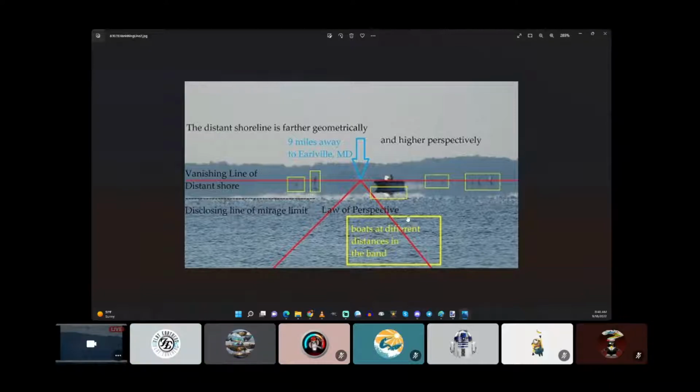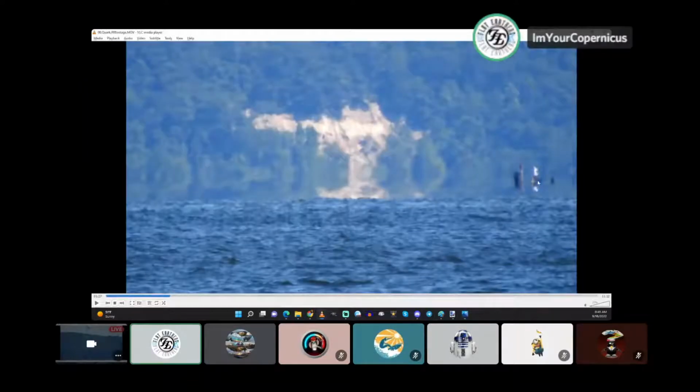So I'm trying to show you here, we've got a boat that's closer to us. We can see the hull. So now, if this boat were closer to us right here, we'd see everything, and there wouldn't be a Mirage if it were right here. And if I could then tell those guys, okay, guys, go into the distance. Okay, stop. You're right before the Mirage, guys.